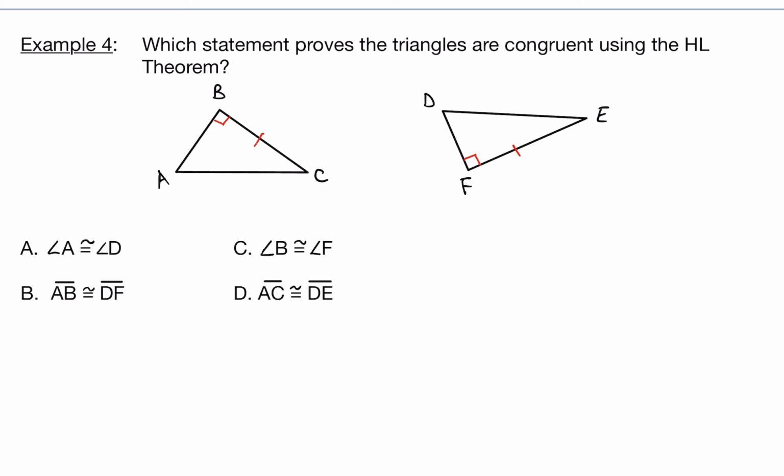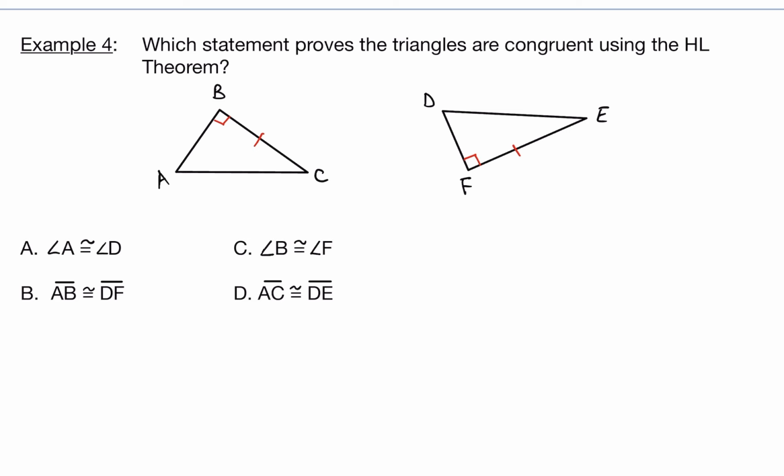One of the legs is congruent to the other leg, so we have that. So the only thing that's left for the hypotenuse leg theorem is that we need to have both AC and DE, which are the hypotenuses of both of those triangles, be congruent.